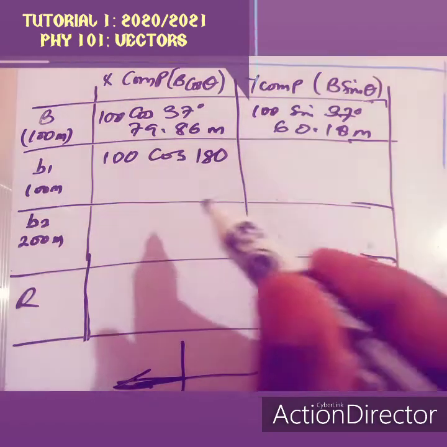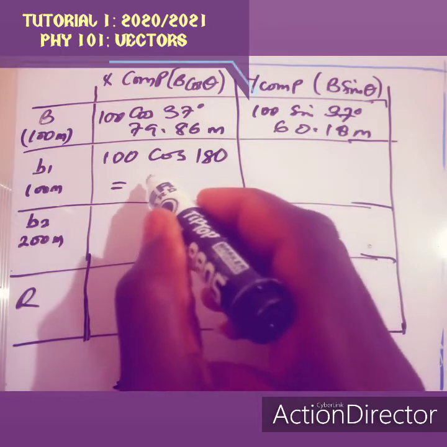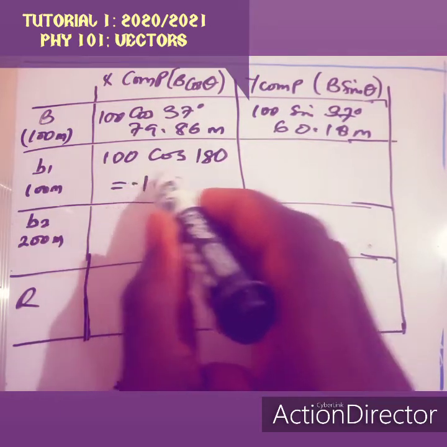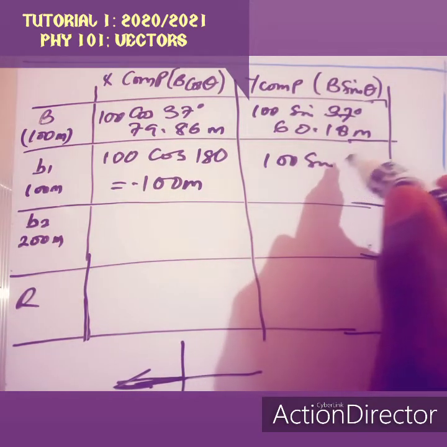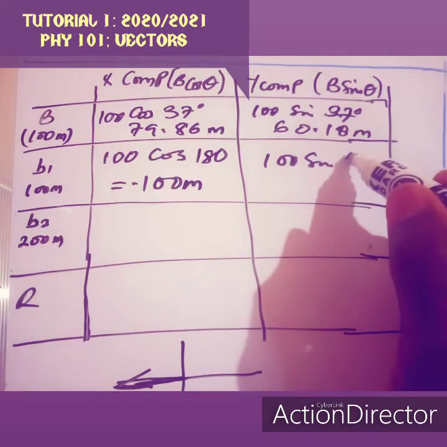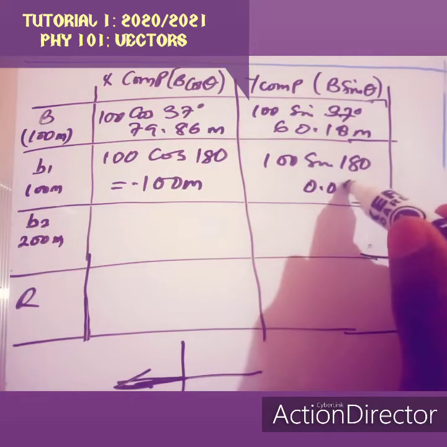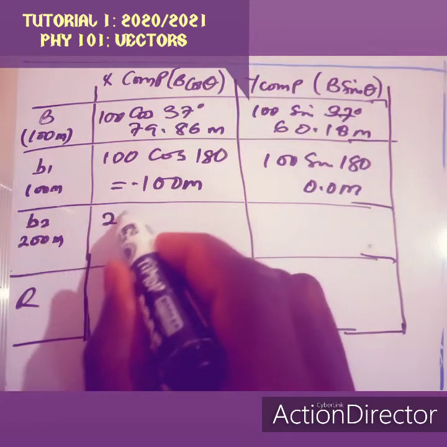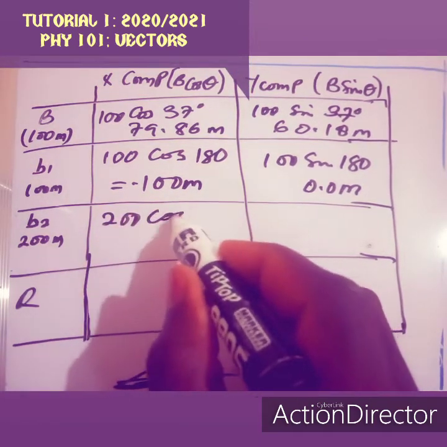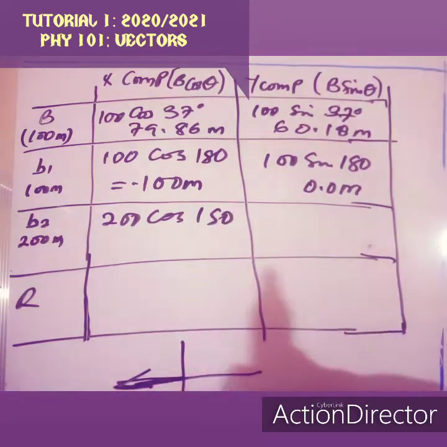Cos 180 degrees will give us minus 100 meters. Then 100 sine 180 degrees will give us 0.0 meters. Then the other one we have is 200 cos 150. This was at 150 degrees from the positive x-axis.